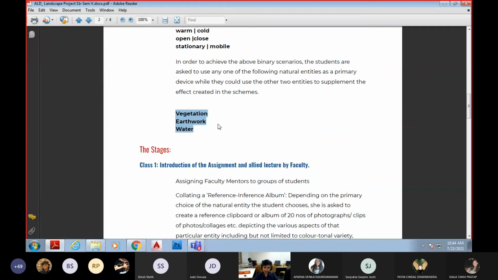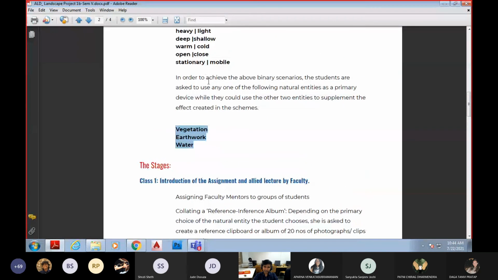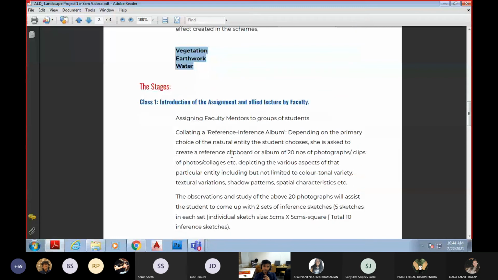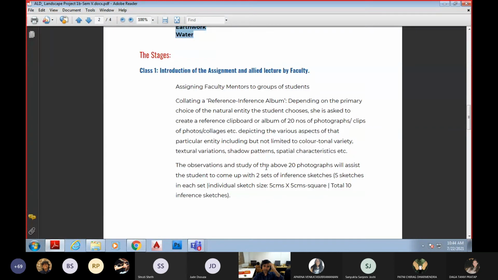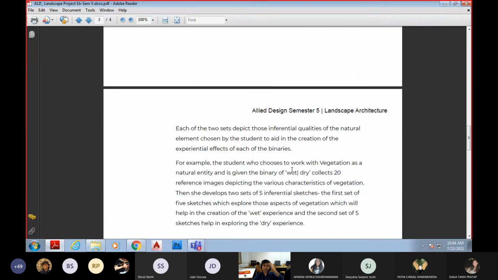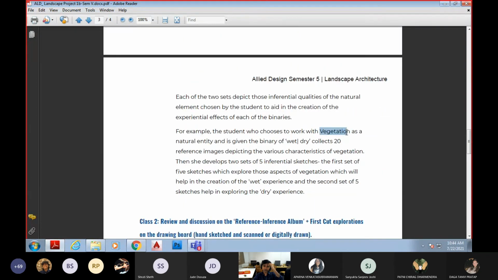Once you get your binary and you quickly choose your entity, you need to quickly create a reference inference album. Now what does that album mean? Let's say, for example, a student chooses to work with vegetation as a natural entity, and the binary that she's working with is wet and dry.